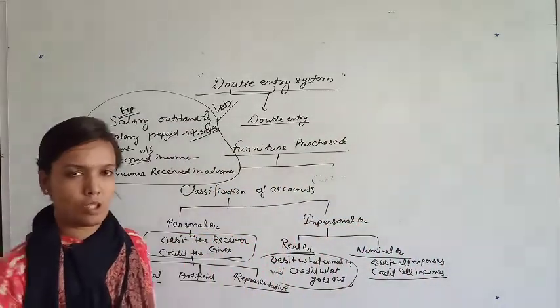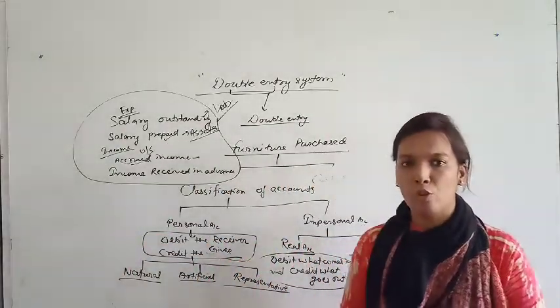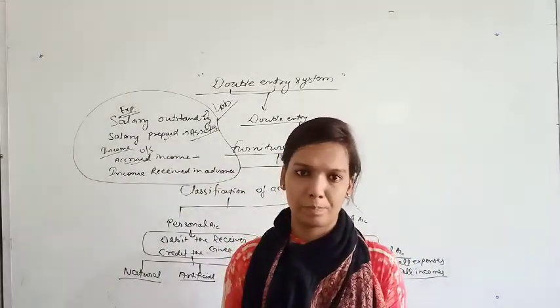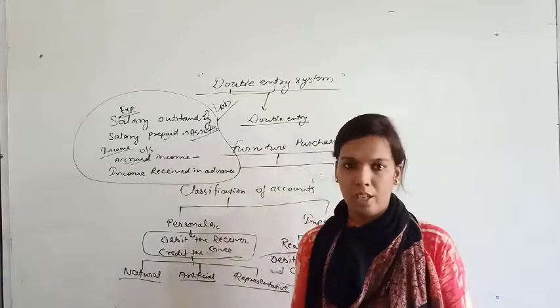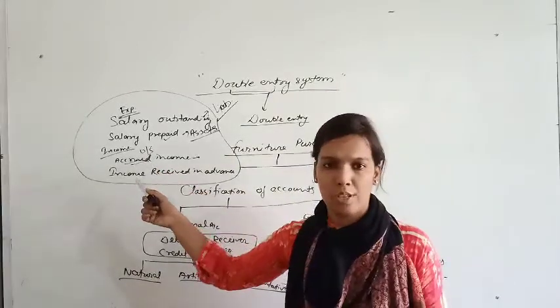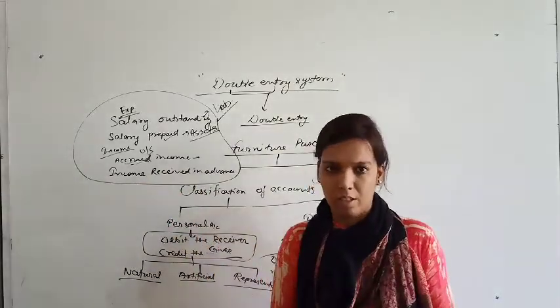It happens in the case of salaries. Like an employee has worked for 1 month, but in the same month he did not get the salary. He gets the salary in the next month. So for that month his income is accrued, that is outstanding income: you have earned the income but you did not receive it.